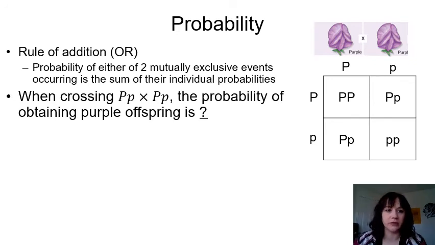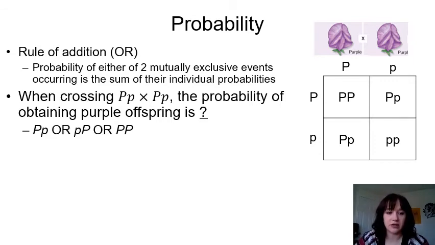Now let's look at the rule of addition, right? This is when you're looking at an "or" situation. For example, to have flowers that are purple, they could have two different genotypes. They could be homozygous dominant, or they could be heterozygous, right?